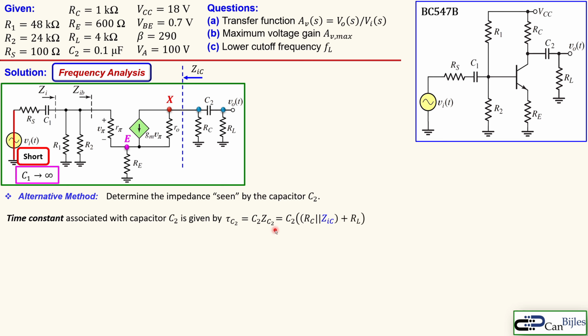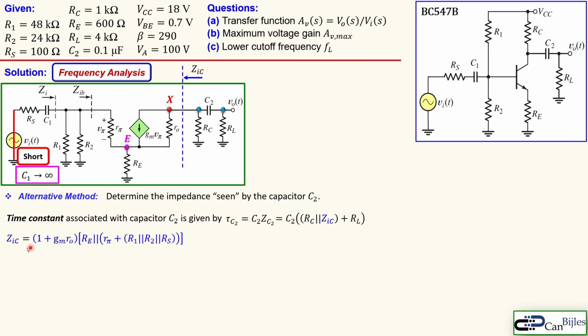And the ZC2 is actually the impedance ZIC, which should be determined in parallel with this RC and in series with the RL. So that's actually shown here. Now we said before there is an approximate value which is RC plus RL. Well, that is the case if the ZIC is much larger than RC. That is of course true, but it's also not always true, so this is a more accurate result.